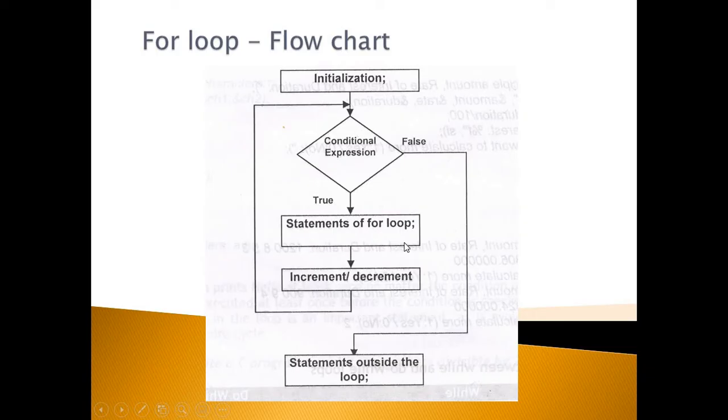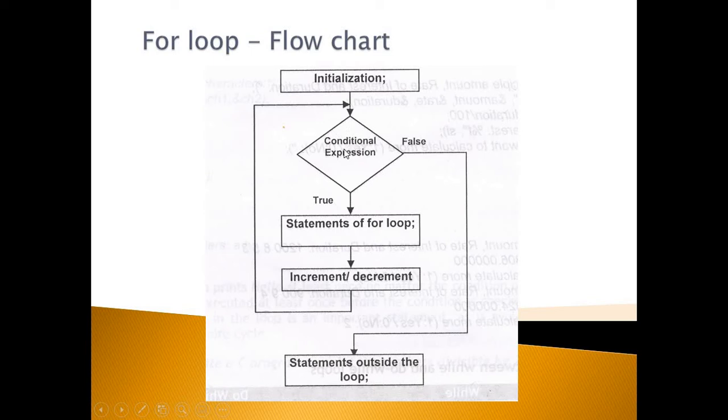This is the flow chart which shows how the for loop executes. The value is initialized, and the test condition is checked. If the test condition is true, it executes the statements of the for loop, and after execution of the statements, it increments or decrements the value of the loop control variable. After incrementing, again the test condition is checked.